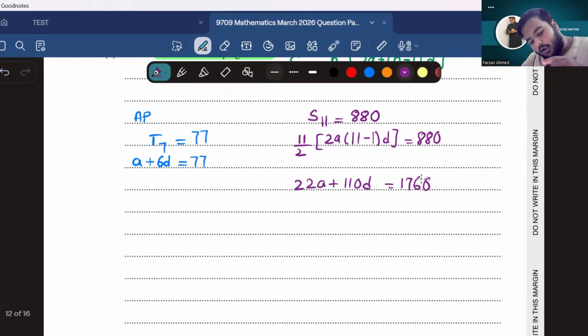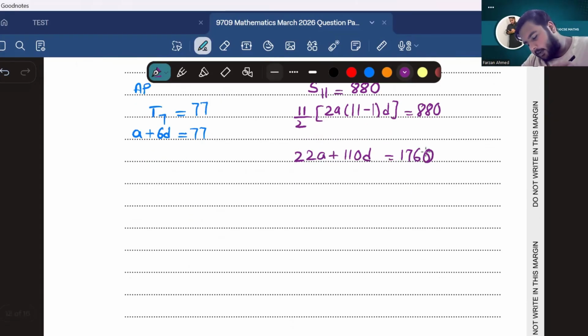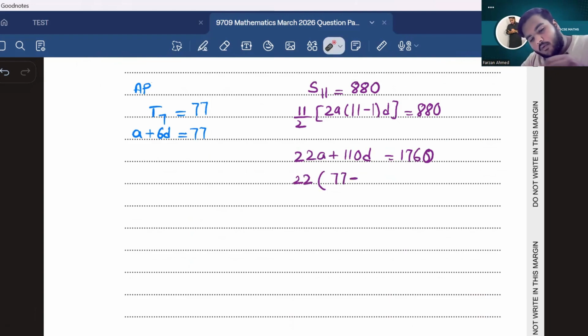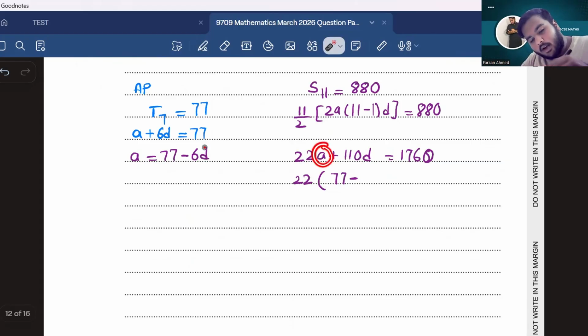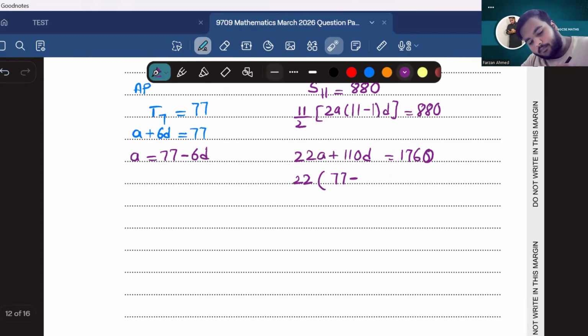Okay. Now from here we will take a common, so a is equal to 77 minus 6d. Now in the place of a we will write 77 minus 6d, plus 110d is equal to 1760.